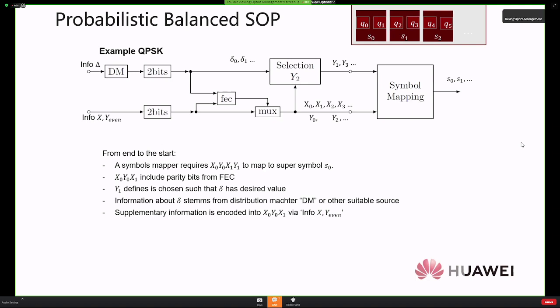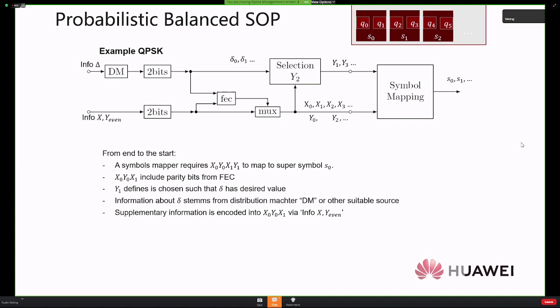So at the very end, we want to have our symbols with certain probabilities on the state of polarization. I told you before that basically 6 dimensions, or 3 2D symbols, we can select as we want, and this means we can put parity bits in there, anything like that.